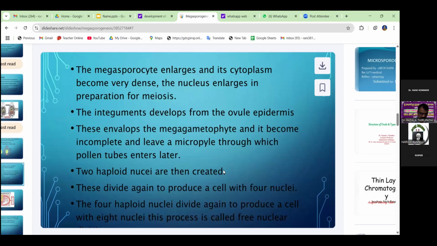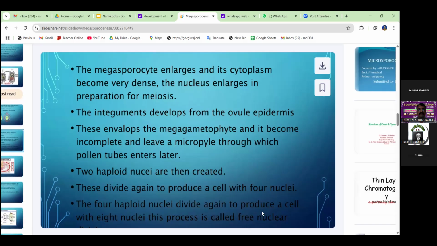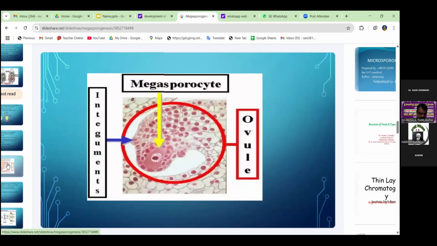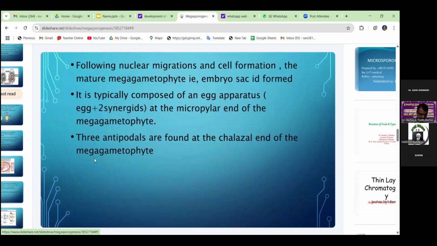This process is called free-nuclear division. In this diagram, the integuments are formed and the megasporocyte lies in the center portion. So the ovule is formed, followed by nuclear migration and formation of the cells, the mature megagametophyte.